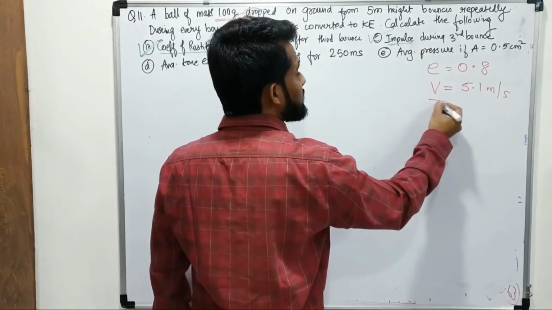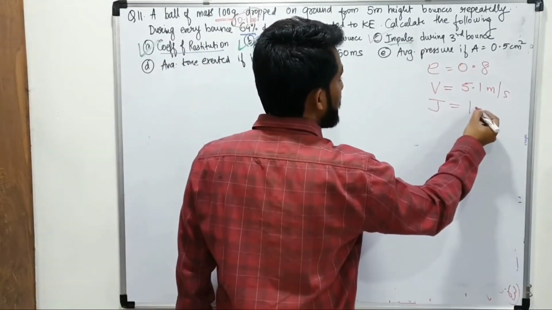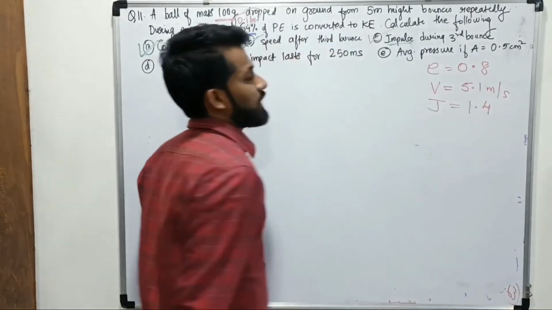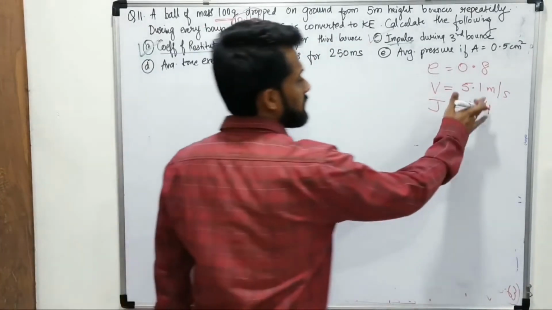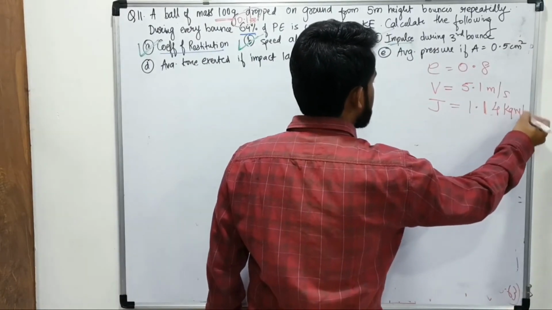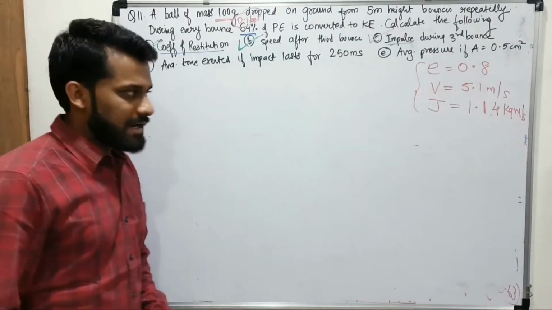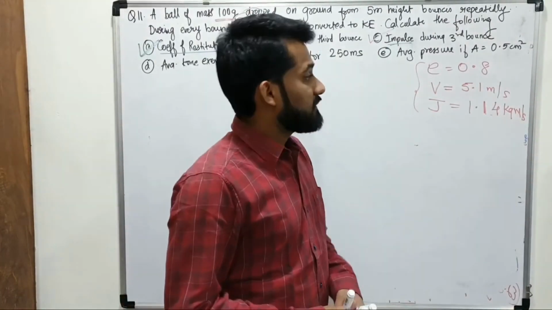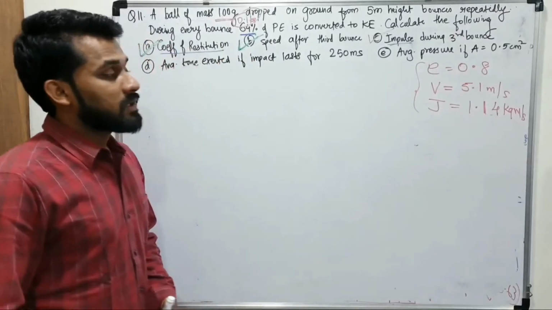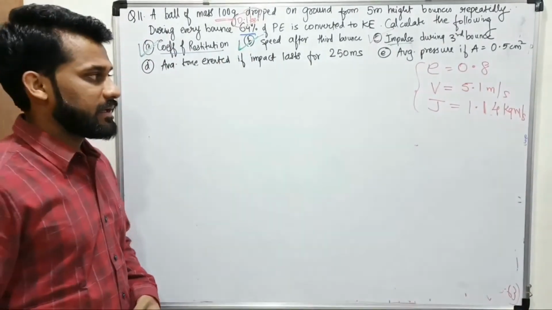And impulse after third bounce, impulse is change in momentum, is 1.4 roughly, कुछ तो आएगा 1.14 I guess, right? It was 1.14 kg meters per second. All these answers are calculated approximately, so slightly it will deviate from the textbook answers, but we have not used any calculators or any log tables. So all the answers are calculated approximately.